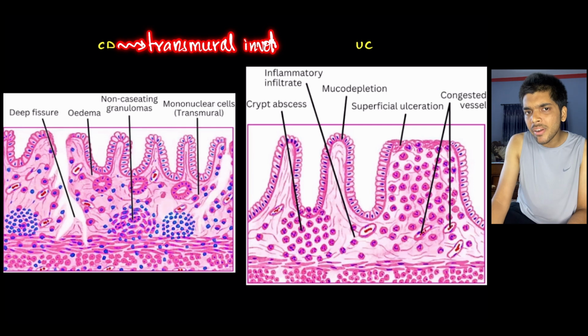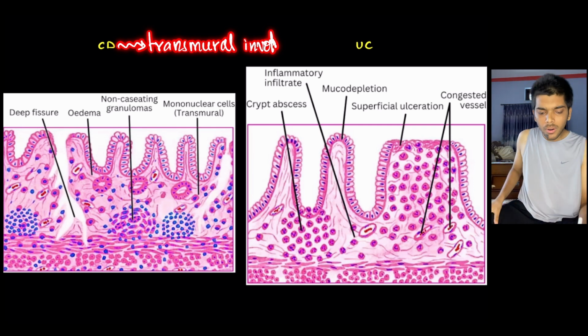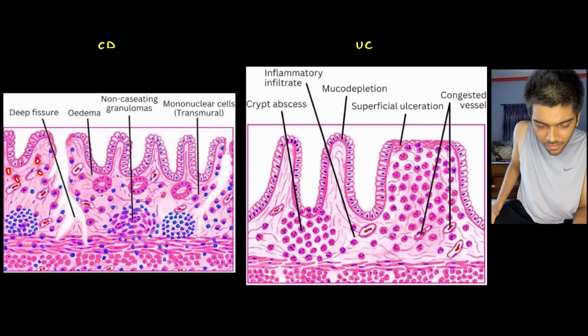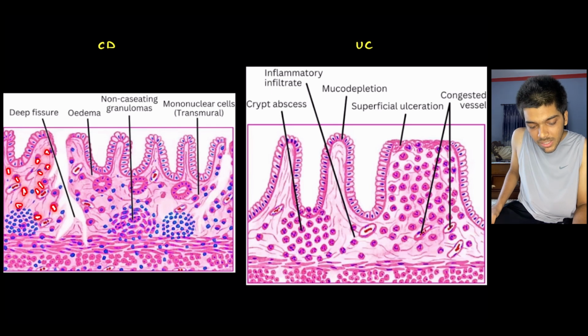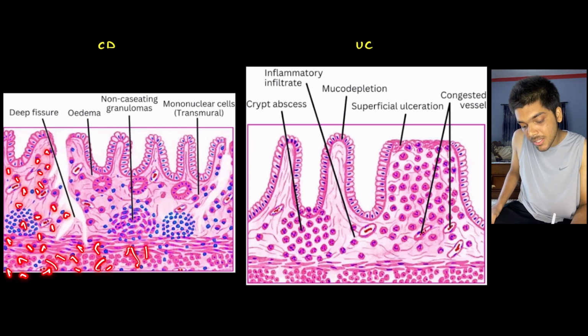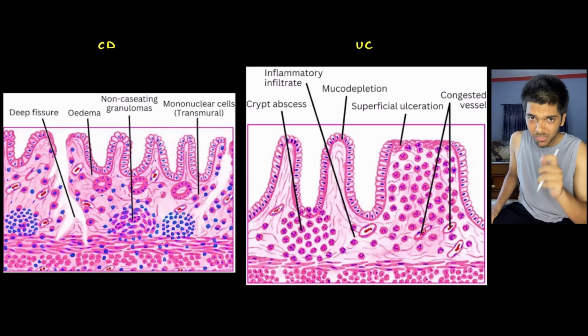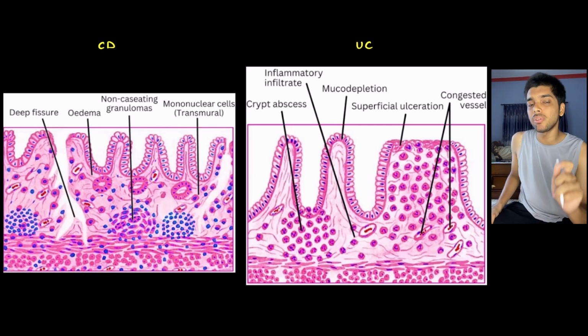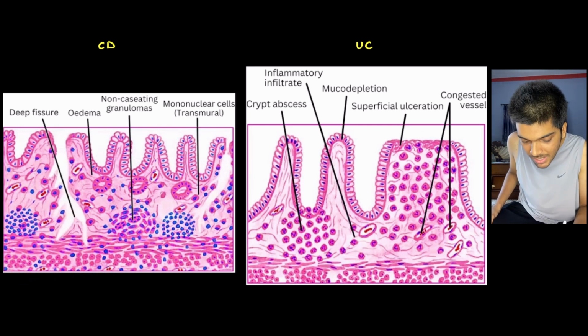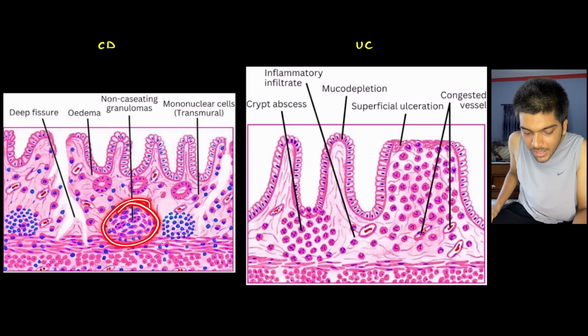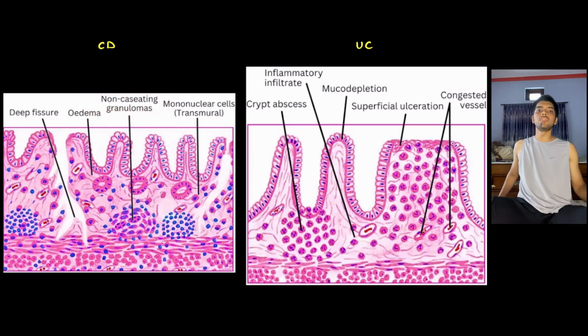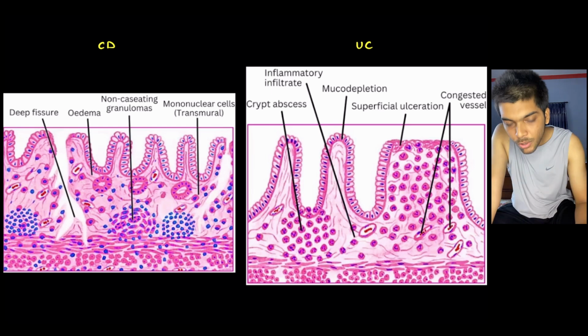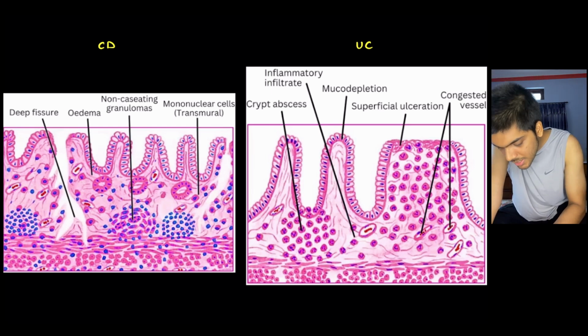So you can see inflammatory cells throughout the thickness of the wall, even in the muscular layer. And third, the typical feature of Crohn's disease is the presence of non-caseating granuloma.